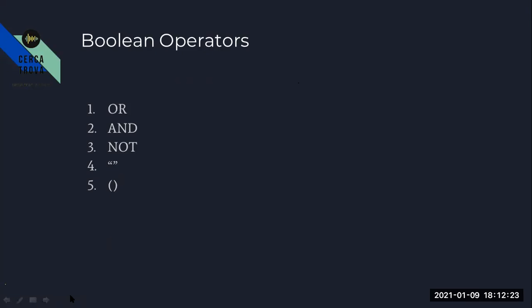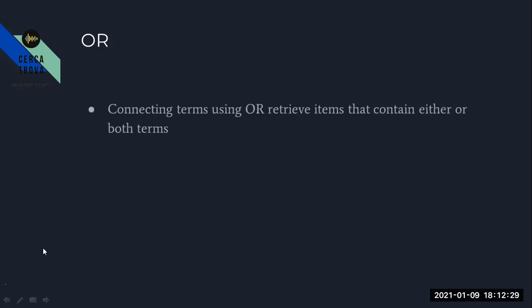Now, moving on to the next slide. Why to use or? Or is a connecting term that is used to retrieve items that contain either or both terms. For example, you want to do a search about women in medicine.